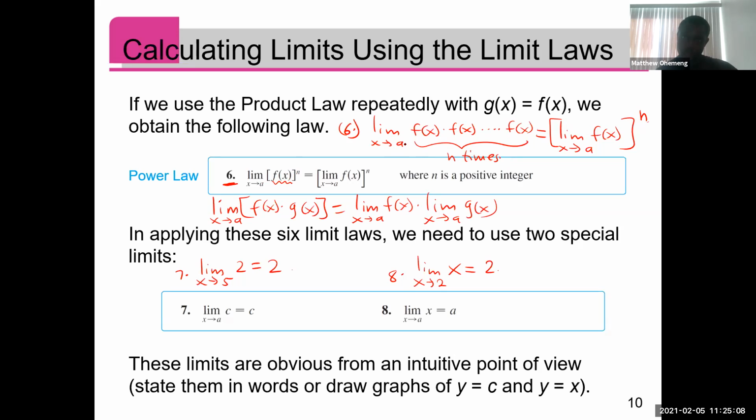So by the product law, this is going to be the limit of each of them multiplied out: the limit as x approaches a of f of x, times the limit as x approaches a of another f of x, and so on. That will occur n times, so that's the same as multiplying that limit n times. So that's how we have the limit all to the power n. That's where the power law is from. For the constant law, the limit of a constant is a constant. The limit as x approaches 2 of x is just 2. Okay. Please, anybody needs time here?